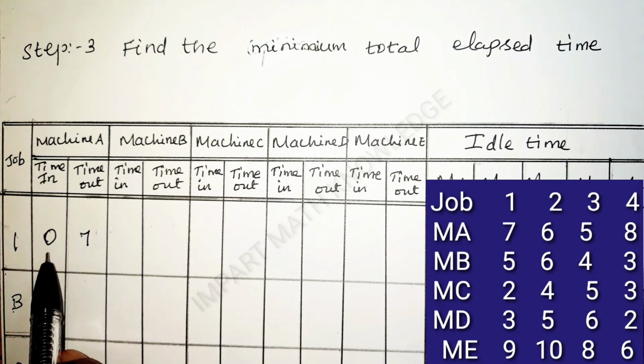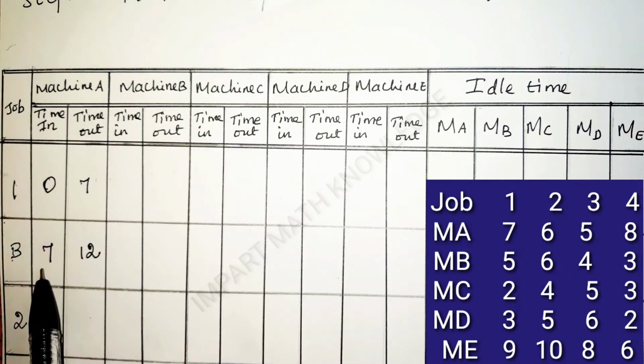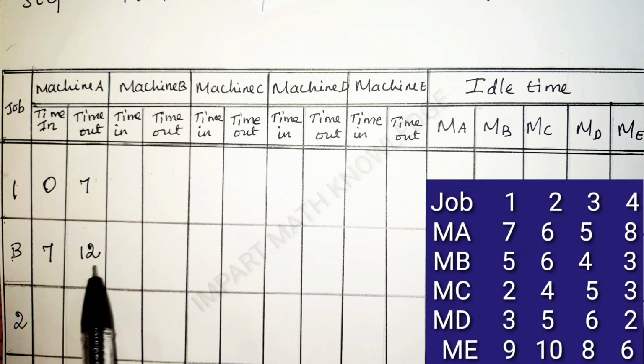Time in is 0 and time out is 7. For job 3, time in is 7 only. Processing time for job 3 on machine A is 5. So 7 plus 5 is equal to 12. Time in is 7 and time out is 12 for job 3 on machine A.